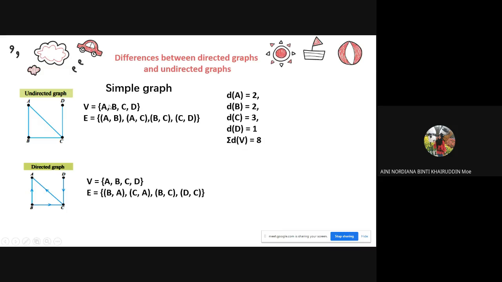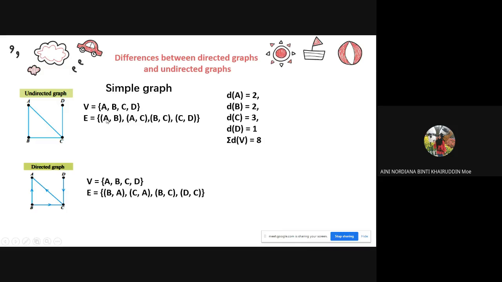Okay, so the answer will be: the vertices will be the same, A, B, C, D, but for E, you cannot simply write. For undirected graph, you can write AB or BA. But for directed graph, you have to follow the arrow. Here it is B to A, so you have to write BA.